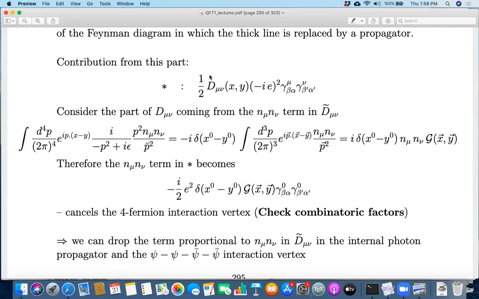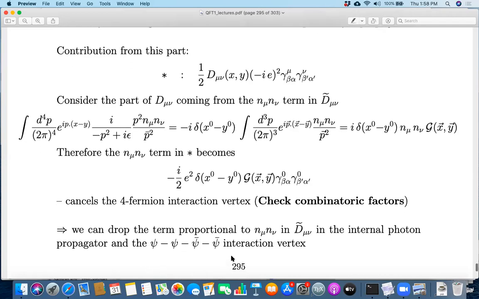Only for the internal photon propagator, we drop the n mu n nu term, and we drop this interaction vertex. Okay. Any other question?